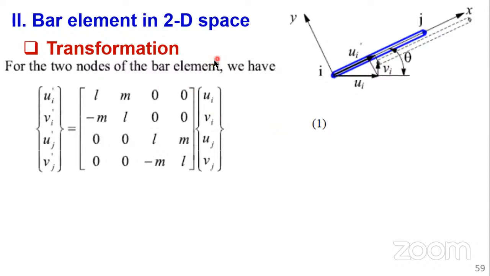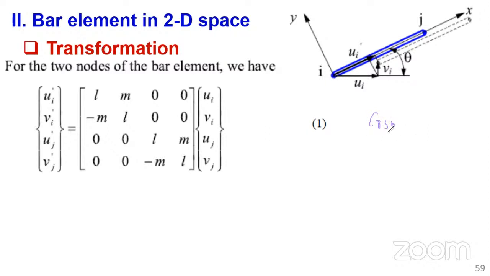Now, you can mention two things here. The cos theta and the sine theta are referred to as directional cosines, if you are aware of that.